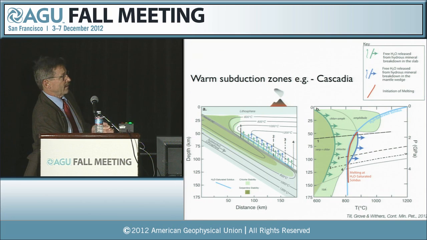The first set of arrows that's up here in this legend is that water gets released down underneath the altered oceanic crust because it actually gets hot enough down there that hydrous minerals break down, serpentine, for example, and under the right circumstances, even chlorite. So what will happen is you'll actually have free H2O, and if it can get up into the overlying mantle wedge, melting will occur right here at the vapor-saturated solidus.